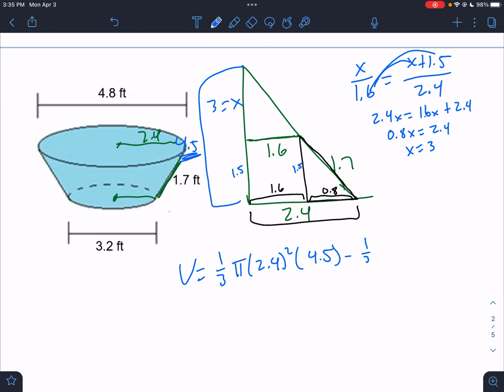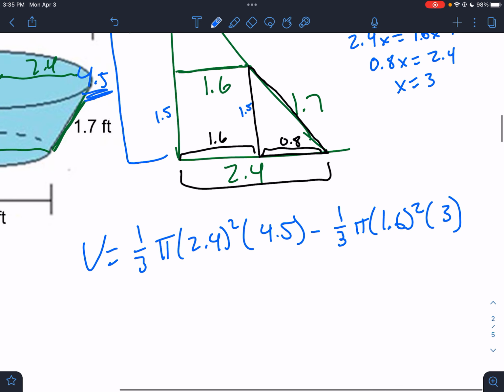Minus 1/3 pi times little radius squared times little height 3. From here, you can just type this in. I don't expect you to be able to do all that work without a calculator. 1/3 times 2.4 squared times 4.5 minus 1/3 times 1.6 squared times 3. And I get 6.08. Don't forget your pi.